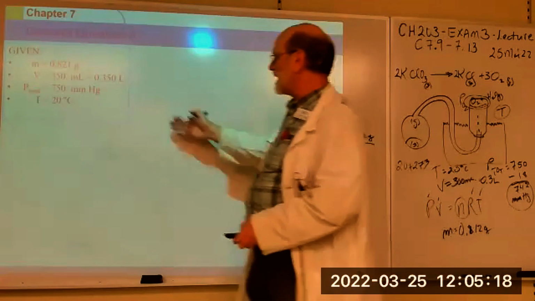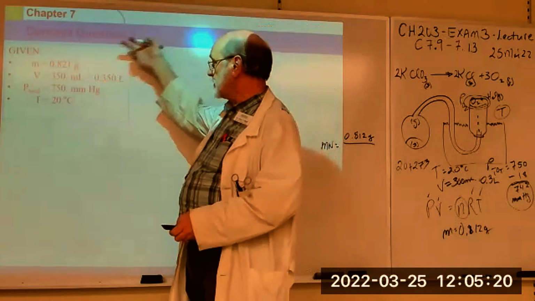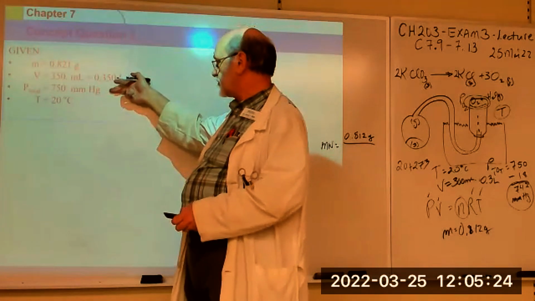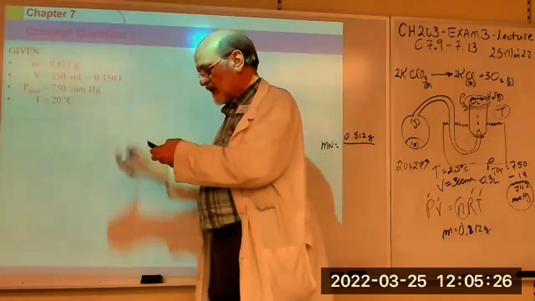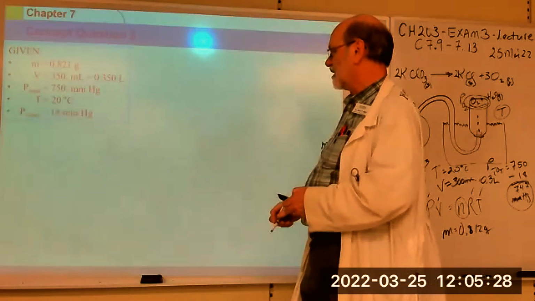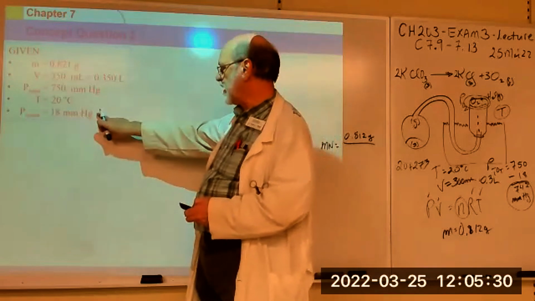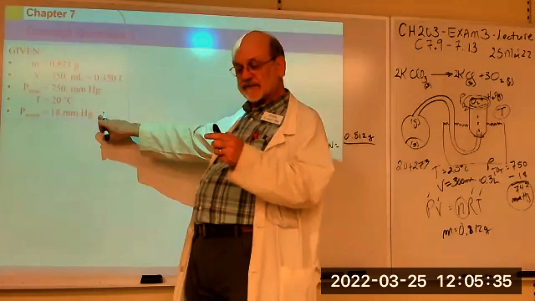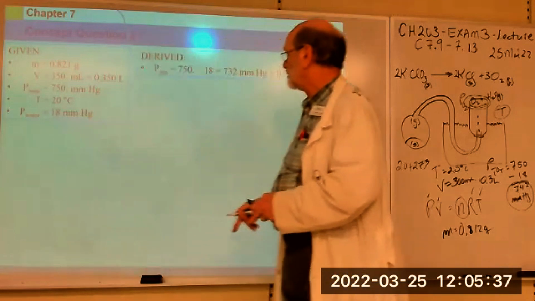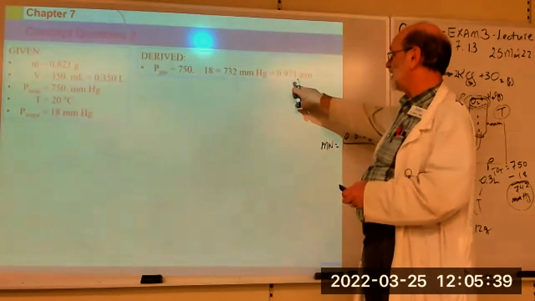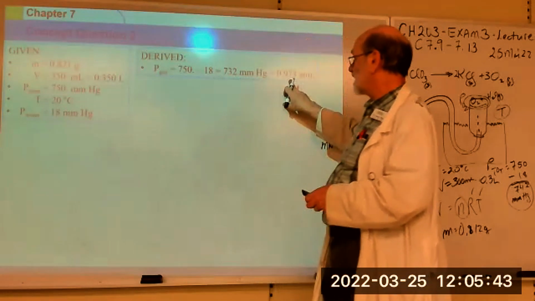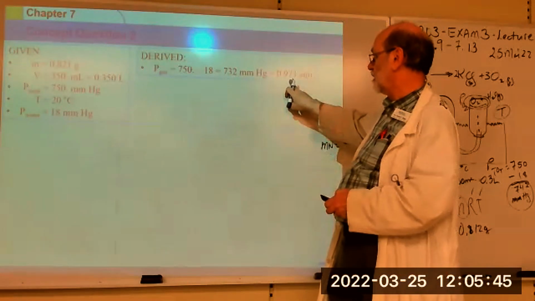So here's what we're given. We've got grams. We've got that many liters of volume. We've got this total pressure. We've got that temperature. The water pressure is 18 millimeters of mercury. That's the vapor pressure at 20 degrees. So now we have 0.973 atmospheres after we subtract 18 from it and convert it to atmospheres. There we go.